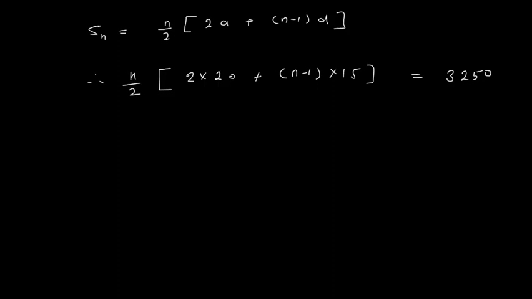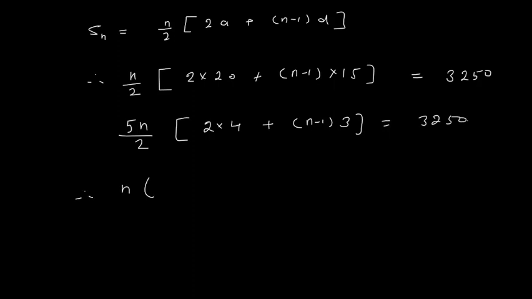From here 5 you can take common, right? So let us take 5 common. So it is 5n divided by 2, and here it is 2 into 5 4 so it is 4 plus n minus 1, 5 3, equals 3250. So therefore I will say that n into, it is 8 plus 3n minus 3 is equal to 2 divided by 5.